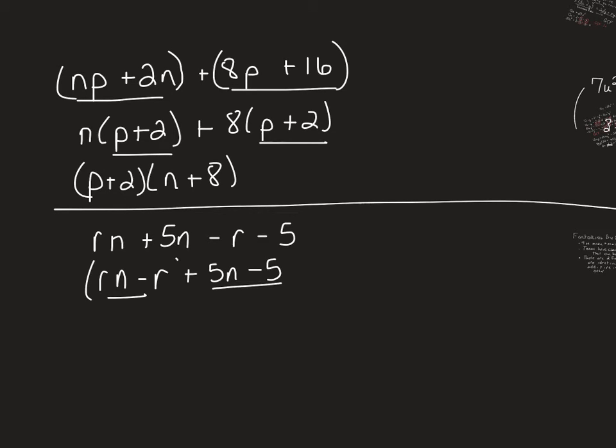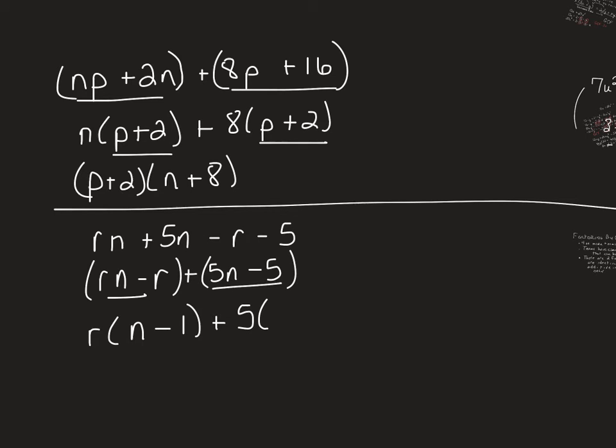In this grouping, r is common in the first 2 terms, so I'll factor out the r. rn divided by r leaves me an n, and r divided by r leaves me a 1. Don't forget, it does not go away. r divided by r is 1. And then in the second grouping, I have a 5 that's common.